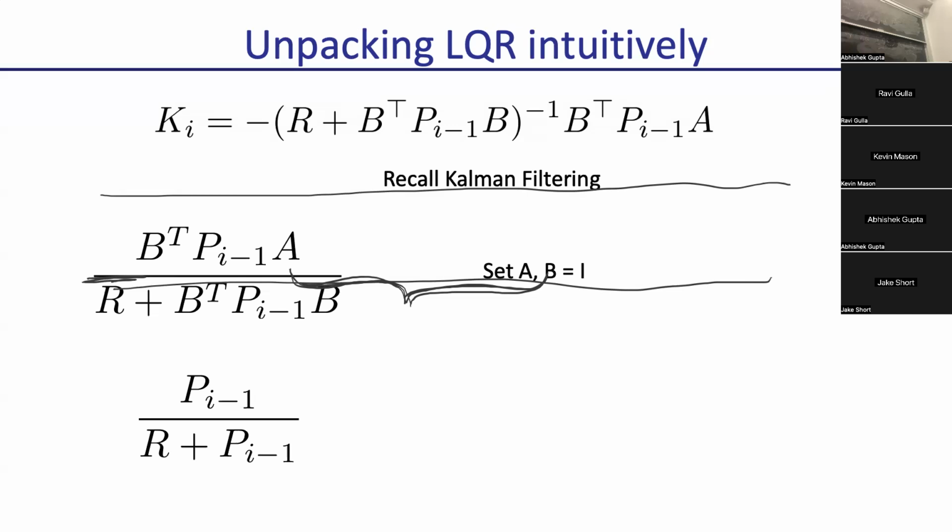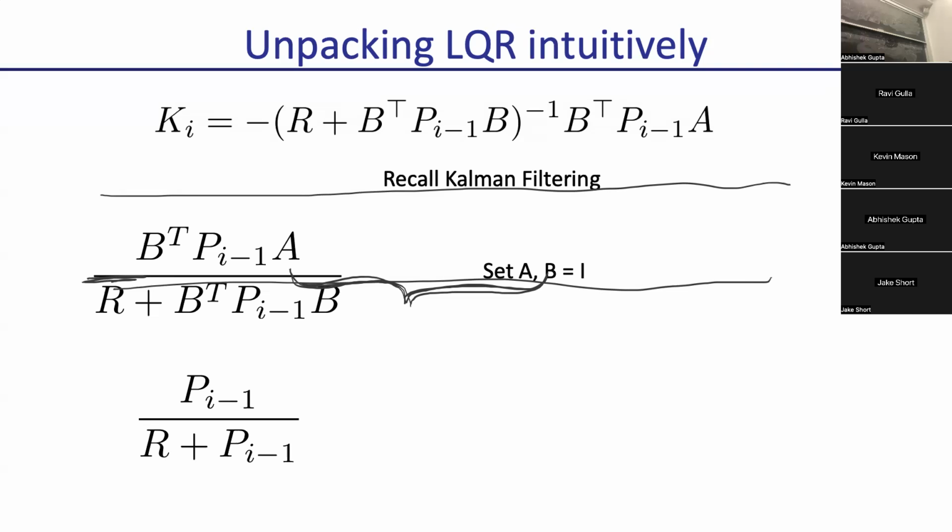Here you have a trade-off between how much the current cost matters. R is telling you how much the current cost matters, and P_{i-1} is telling you how much the future cost matters. So if R is ginormous, then basically it's saying you don't care about the future, you just care about now. If R is huge, then nobody cares about the future, just minimize control, which means that you are going to apply U equal to 0.